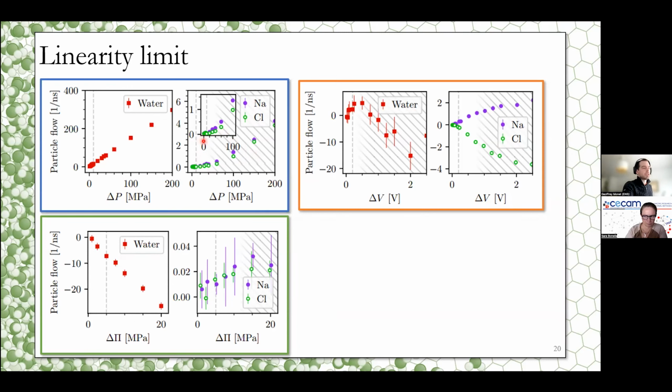So that's why we have to be very careful of what we're doing here. And in my case, I took a pressure drop of 10 megapascal, which is way lower, and actually closer to what we can find in a desalination plant, for example.